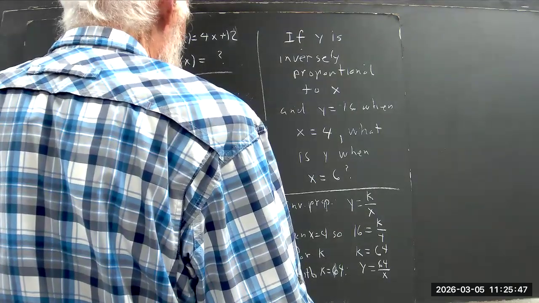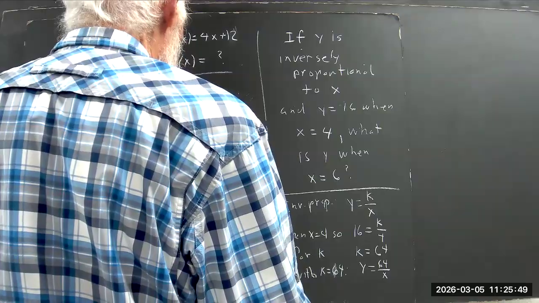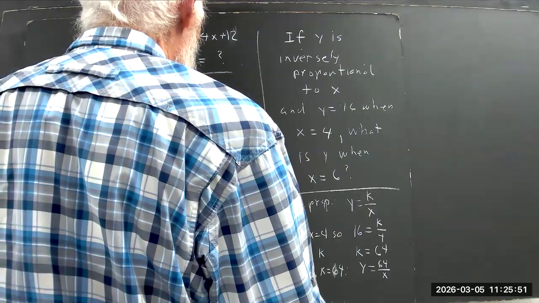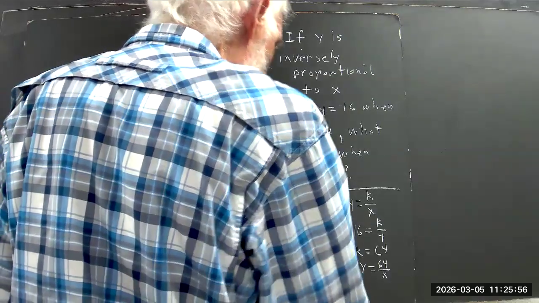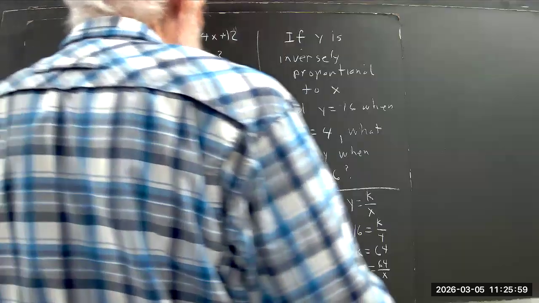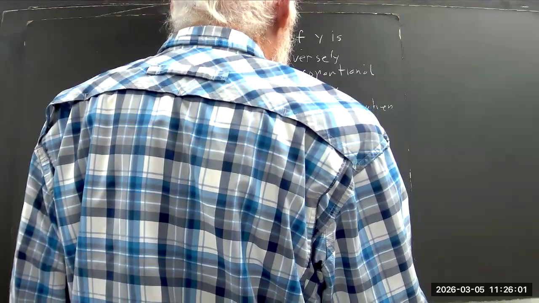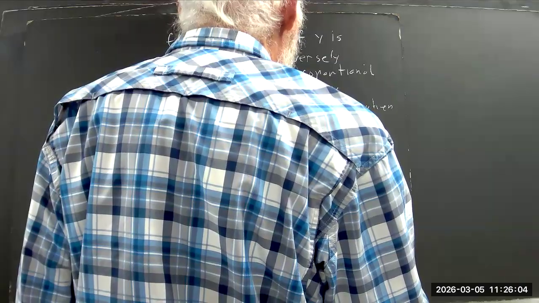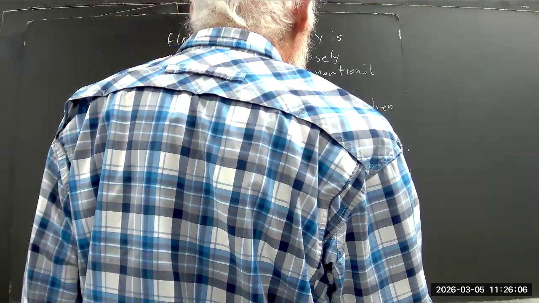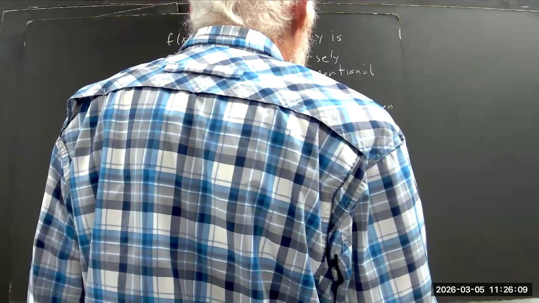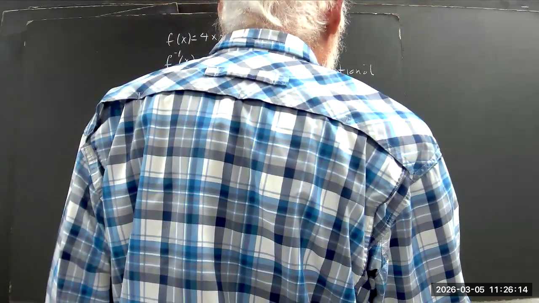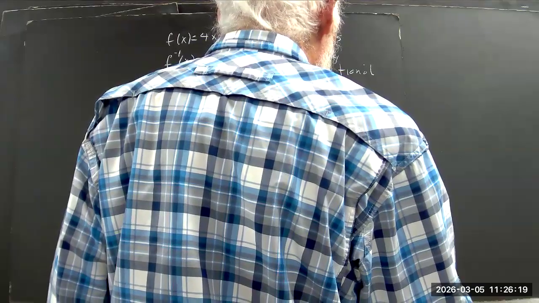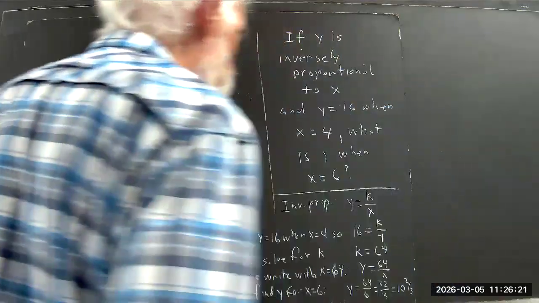And then find y for x equals 6. Y equals 64 over 6, which reduces down to 32 over 3, which, if you wish, is 10 2/3.